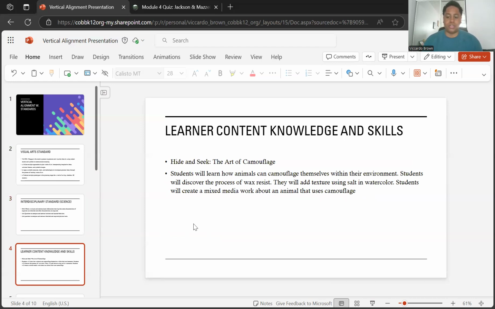They will add texture using salt and watercolor, and the students will create a mixed media work about an animal that uses camouflage. So, again, just connecting back to that science standard where it's talking about the attributes of the animals, and then also connecting that visual arts piece by having them create their work of art.